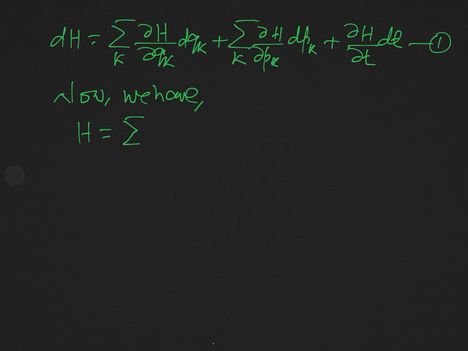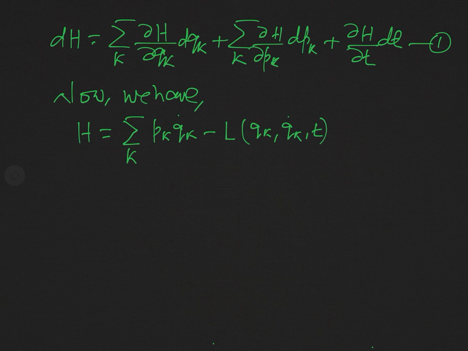You have learned that H is defined as summation over k pk qk dot minus L, and this L is actually a function of qk, qk dot and t.